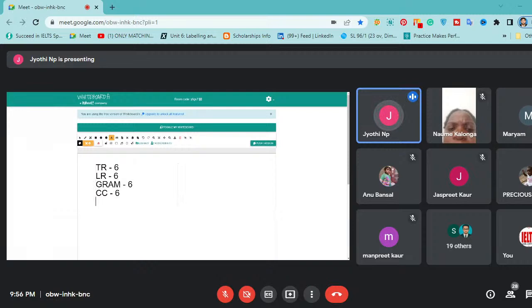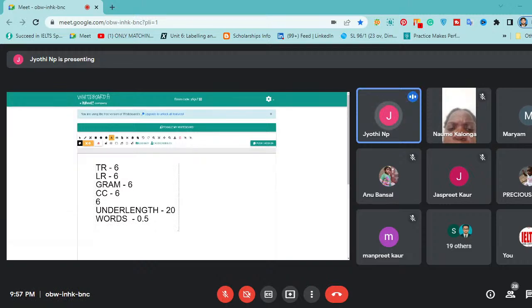So the average score for all these four is band 6. Now here in under length, you have 20 words which are penalized, and 0.5 is the penalty.